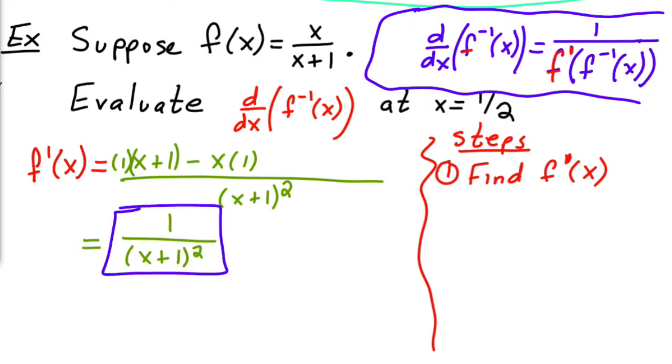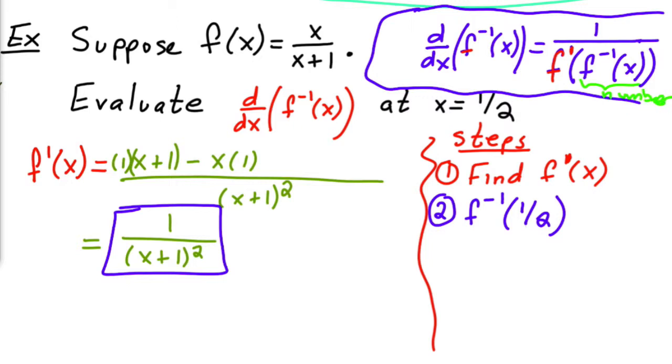Now, the next thing I need to do is find f inverse of, in this case, my x value, 1/2. This should be an actual number.